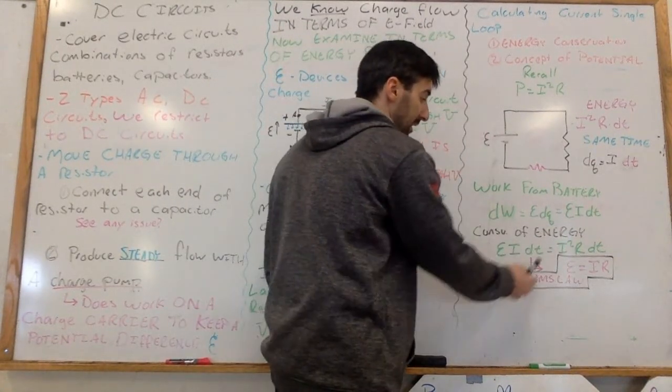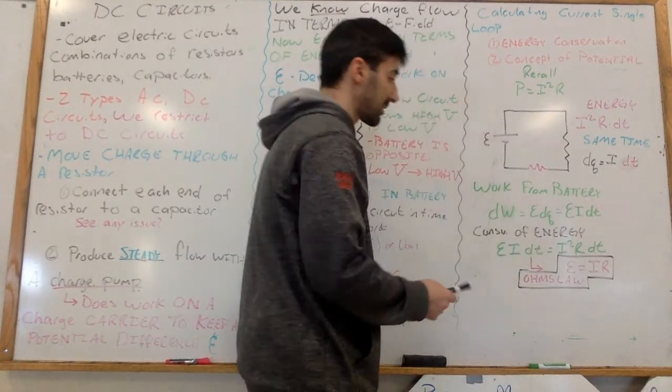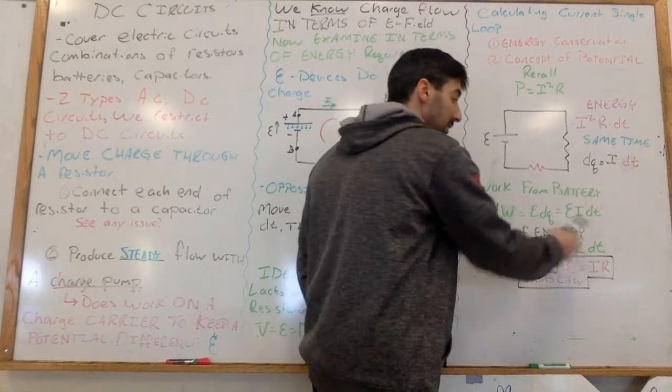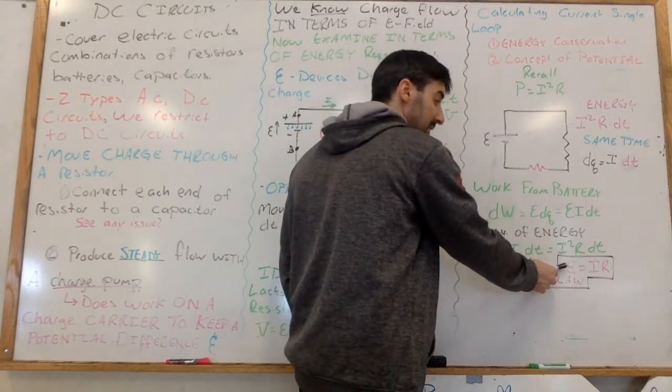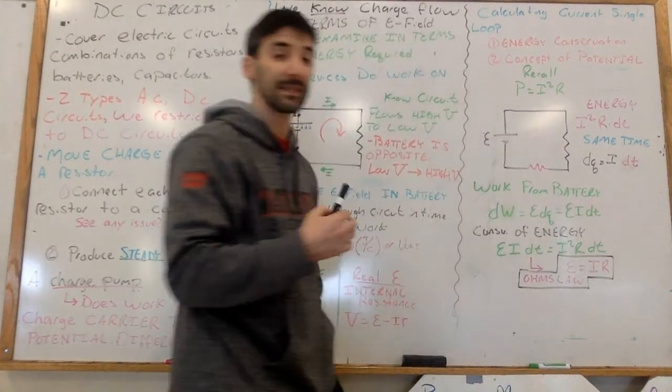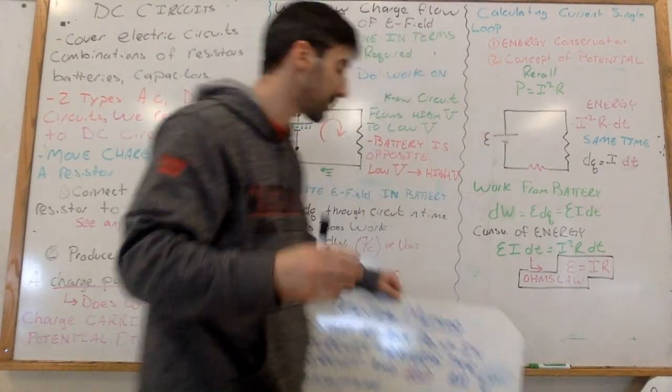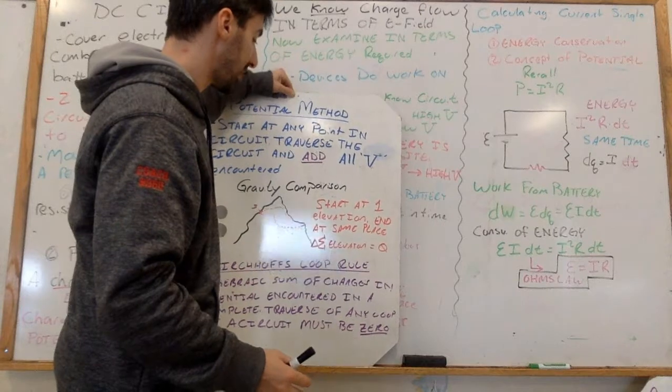Simple math, I can cancel an I and the dt, and I'm left with Ohm's law: E equals I times R, or the voltage equals I times R in an ideal situation. This yields one of our methods, this potential method.